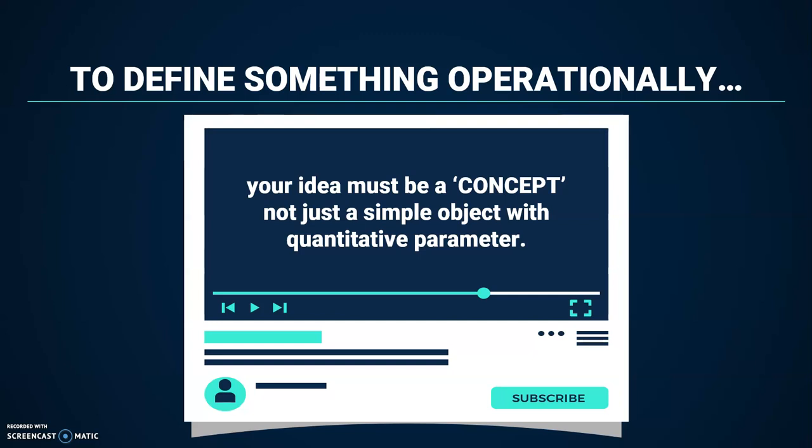Like, we are not going to say the operational definition of the temperature of a cup of coffee is, no, we are not going to say that. We are going to mention the science concept. It is not just a simple object like a cup of coffee and its temperature or the weight of an aeroplane. It must be a concept, a science concept.